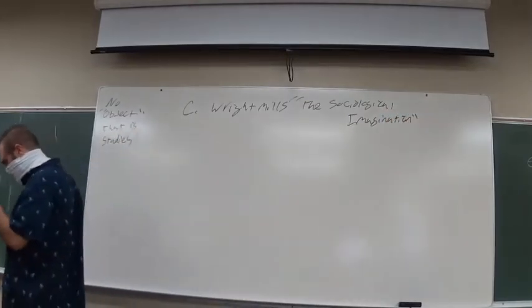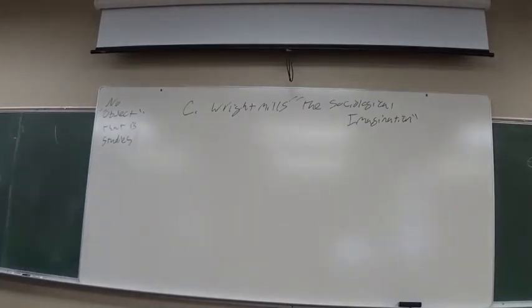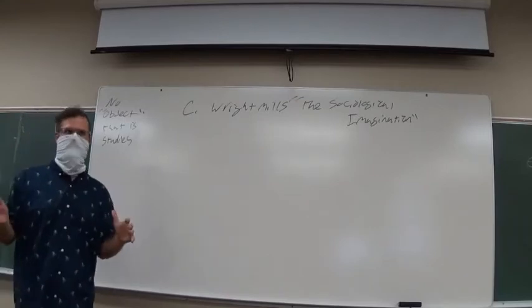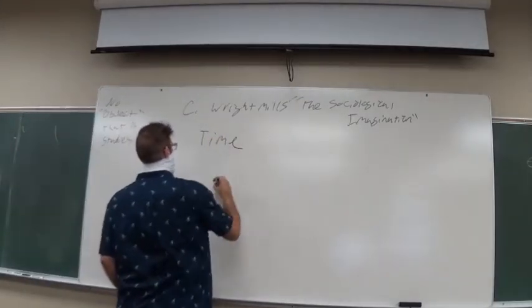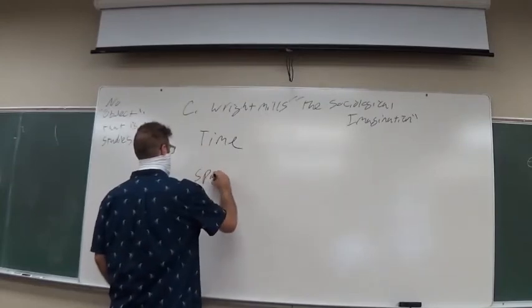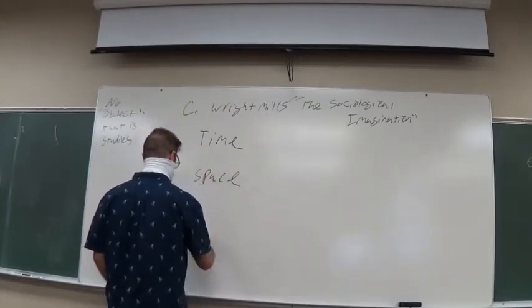And C. Wright Mills said that sociology attempts to look at things through time, space, and social structure.